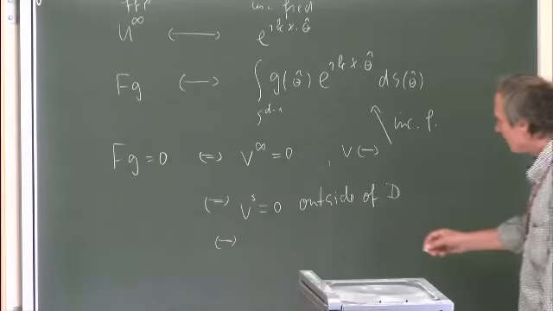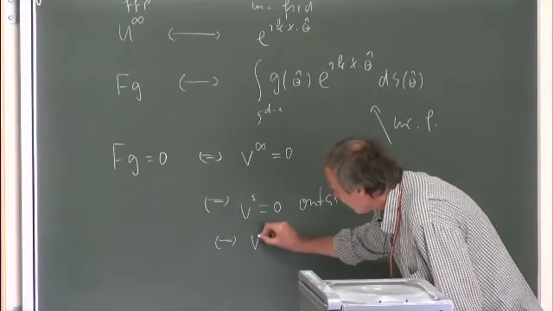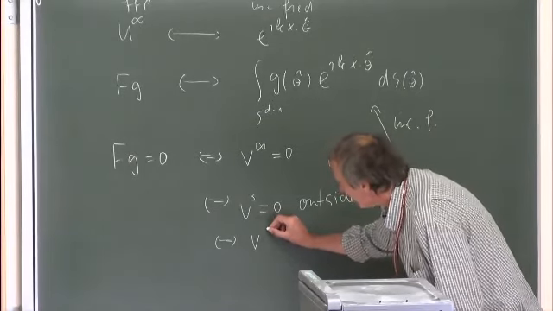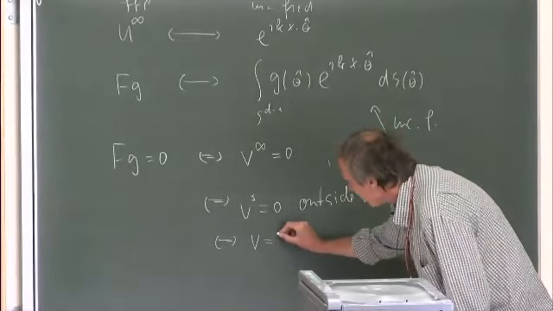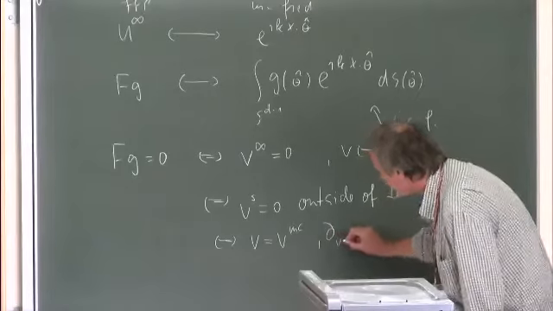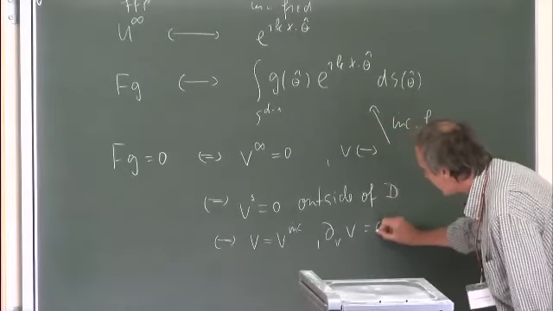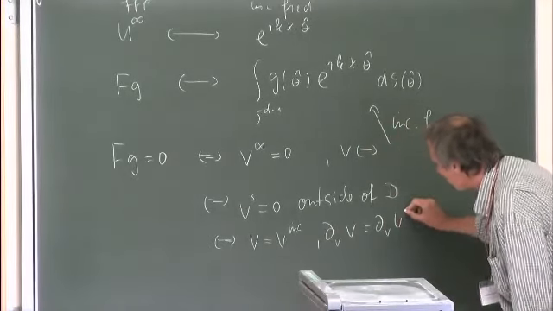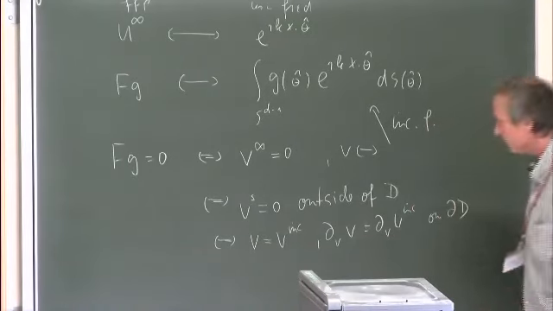So that means that on the boundary, the scattered field is 0. So you have v is the incident field, and also the normal derivative of v is the same as the normal derivative of the incident field on the boundary of D.